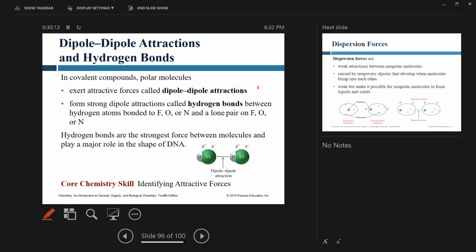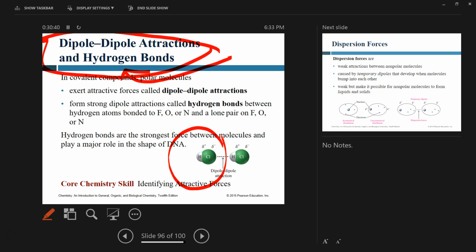We've already talked about ionic interactions. Does that make sense? So those are interactions between charged particles. We clear? Now, polar covalent molecules can exhibit dipole-dipole interactions and hydrogen bonds. For instance, look at the molecule of hydrogen chloride here.